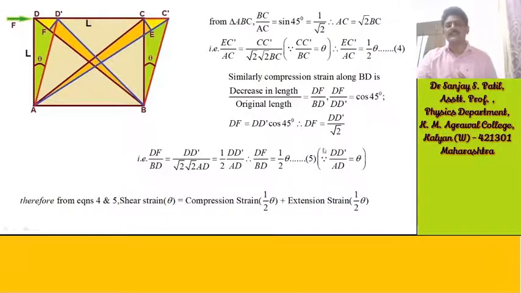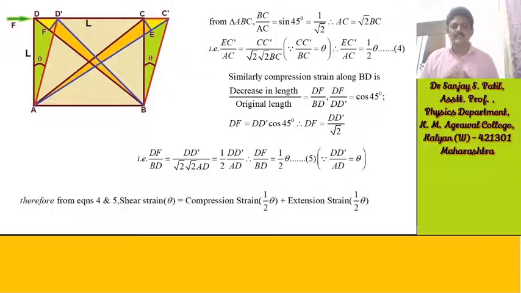Since DD dash divided by AD is equal to theta, therefore from equations 4 and 5, shear strain theta is equal to compression strain, which is 1/2 theta, as we have seen earlier, plus extension strain, which is also 1/2 theta.